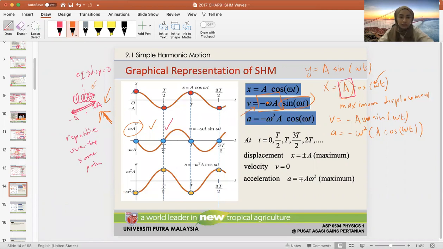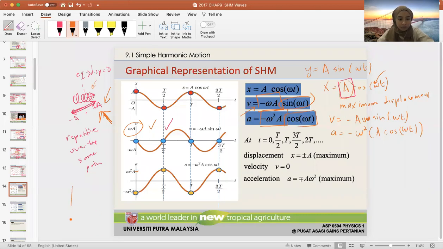Okay, and then sama juga macam acceleration. I differentiate this velocity equation and I got this as my amplitude. So if I want to plot it in a graph, my amplitude goes from minus omega squared A to positive omega squared A. Sebab apa? It's a repetitive motion. Kalau dia pergi ke negatif, dia akan pergi ke positif, and then negatif, positif. The function of this equation is a cosine.